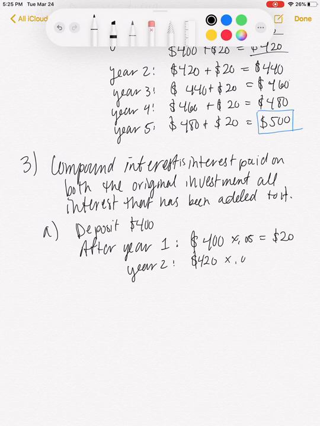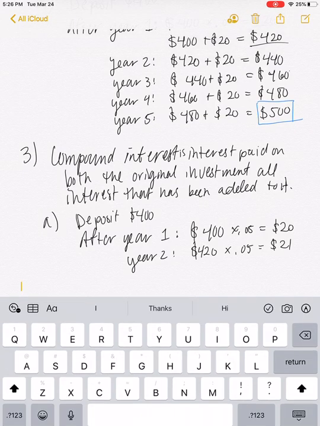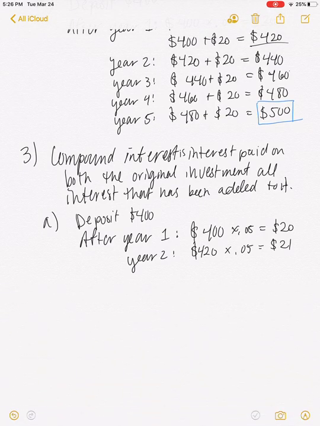So we multiply that by 0.05, and we get $21. Okay, so we're earning more money if we do compound interest calculations, and we get $441 at the end. So after year 1, we'll get $420, and after year 2, we're going to get $441.